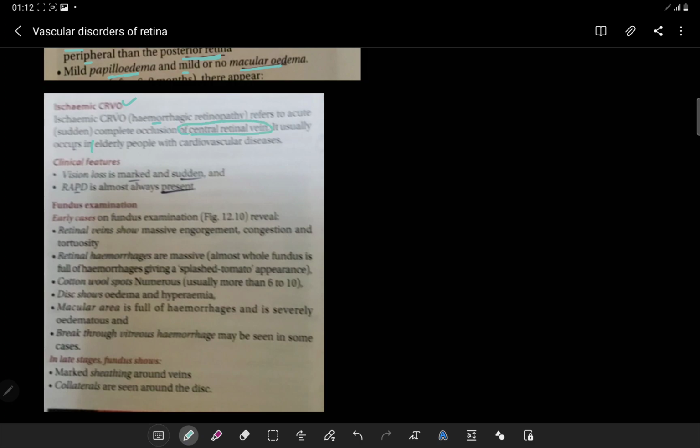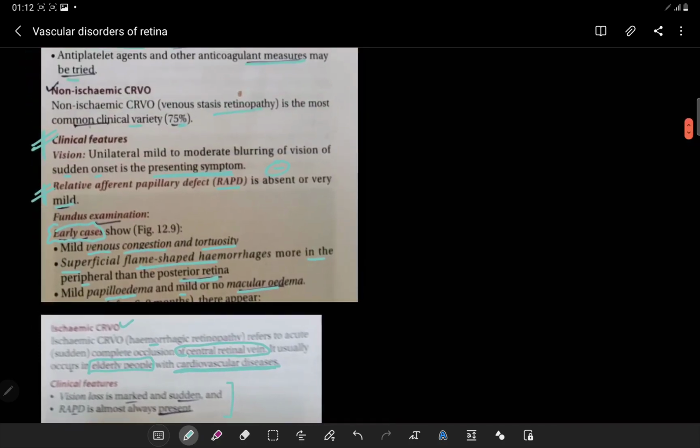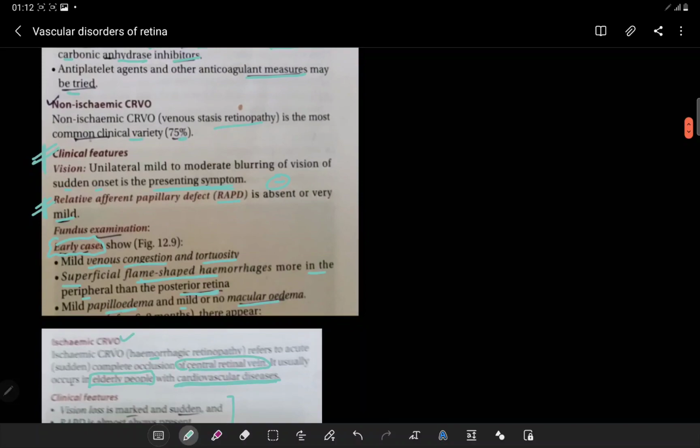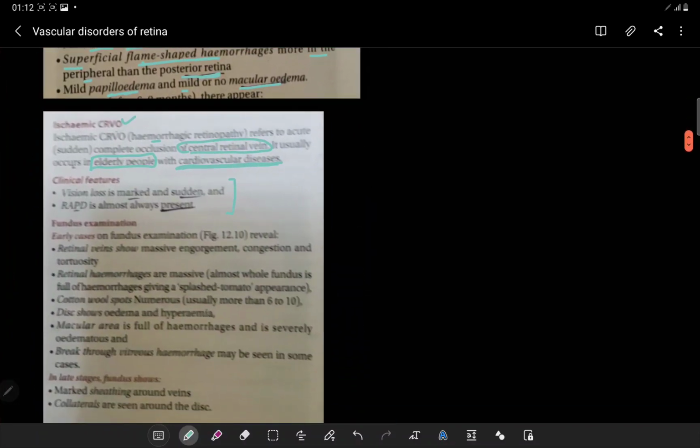It usually occurs in elderly people with cardiovascular diseases. The difference is that there was mild to moderate blurring of vision in the non-ischemic type, but here the vision loss is marked and sudden, and RAPD is almost always present.